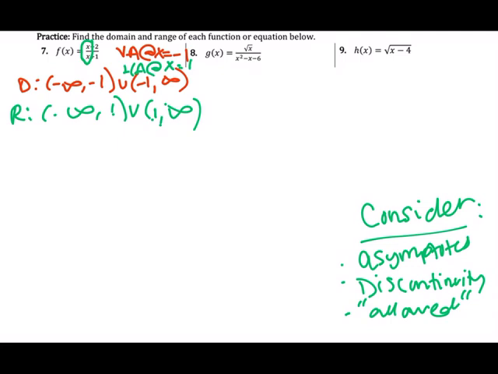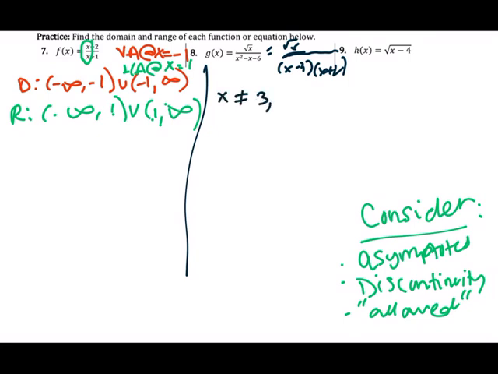Okay, number 8. Let's draw a little line here. First thing I'm asking myself, x values, and I'm going to just factor the denominator. That's going to be x minus 3, x plus 2, which means x is not allowed to be 3 or -2. There would be asymptotes at both of those values because they would make the denominator of the fraction equal 0.